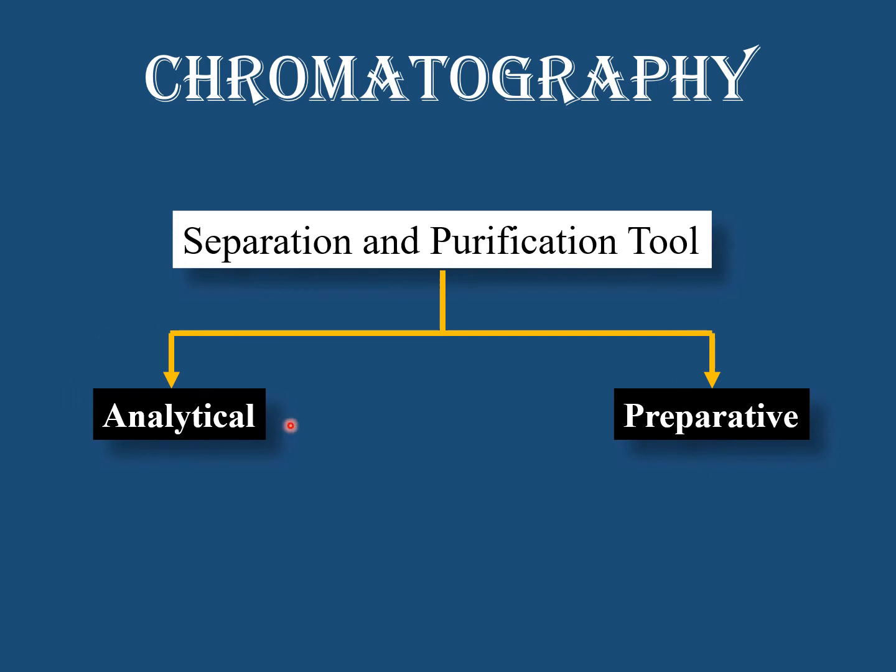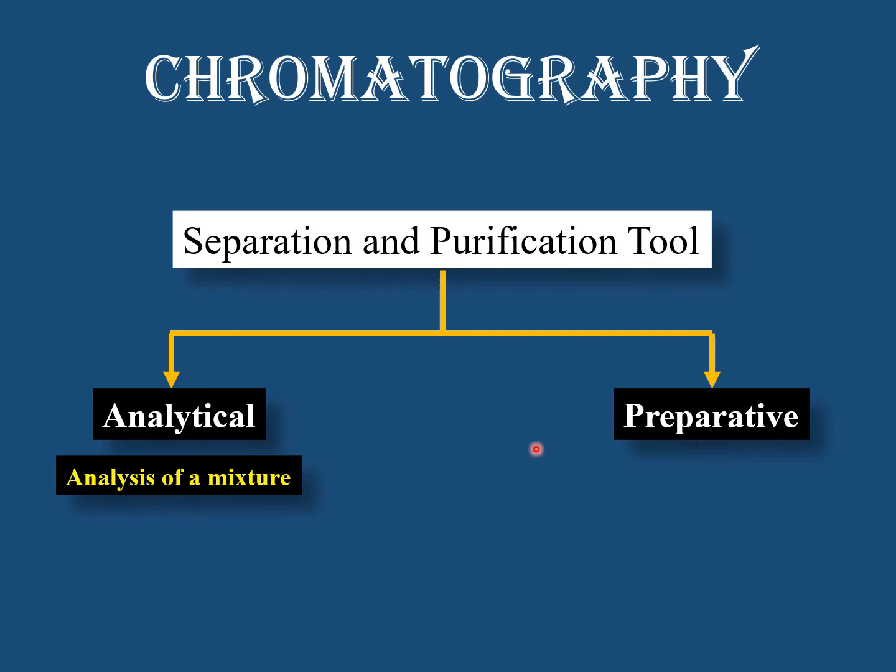Now, when it is used for analytical purposes, it's basically just the analysis of a mixture. So we have a mixture, we carry out chromatography on an analytical scale, and we analyze the mixture because we just want to know how many components are there in the mixture, what is their retention time, what is their retention factor, what is the relative flow of these components of the mixture. So it's just analysis of the mixture.